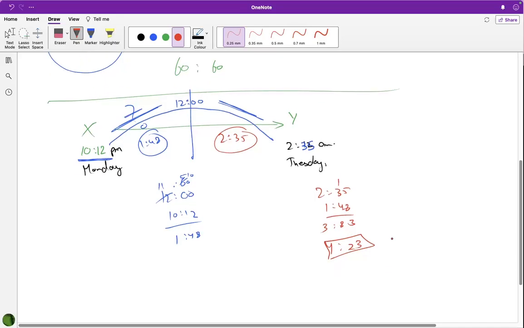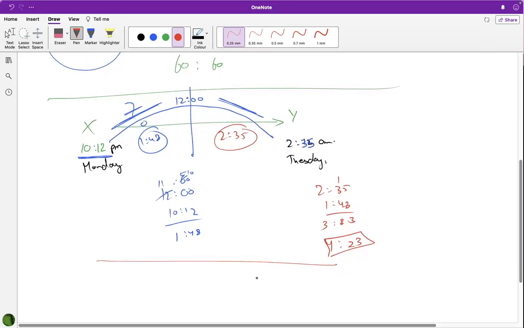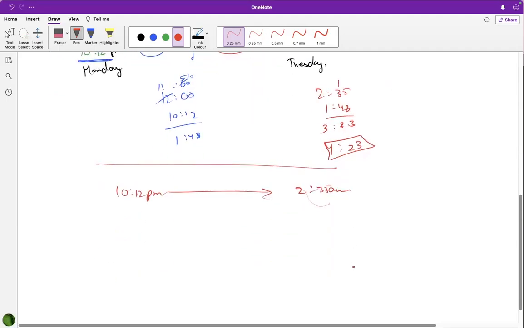And then the one which you were talking about, let me write that again. 10:12 p.m. to 2:35 a.m. You use the word military time. We would say 24-hour clock. So this stays 0235 and this is 22:12.